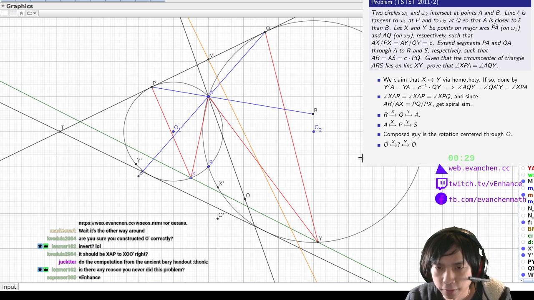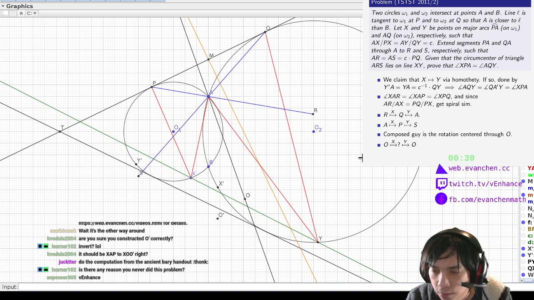So XPQ goes to XAR. Let me just write out what XPQ through X goes to: XAR.